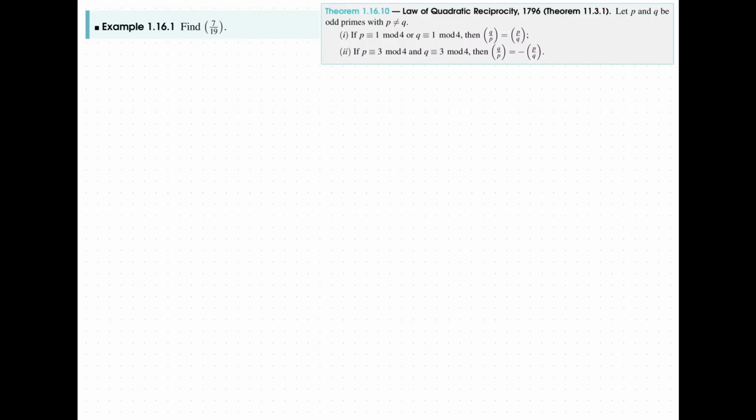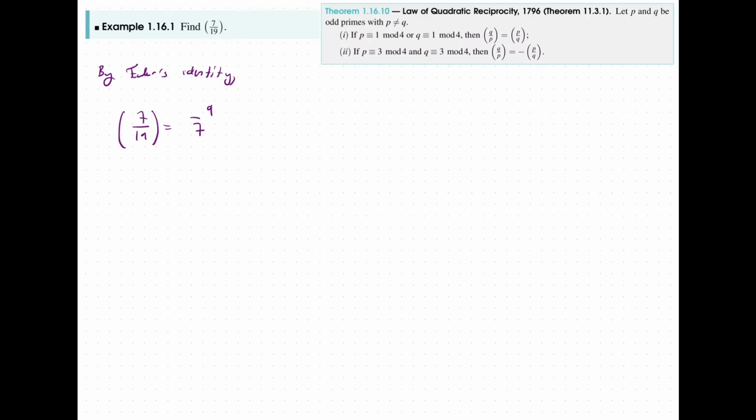So we know by Euler's identity we will have that 7 on 19 is equal to 7 to the (p minus 1) over 2, so here 18 over 2, so we're looking at 9. And so now we will have to compute this here. And so we'll have to take 7 to the 9, and then check if that's congruent to 1 or negative 1 modulo 19.